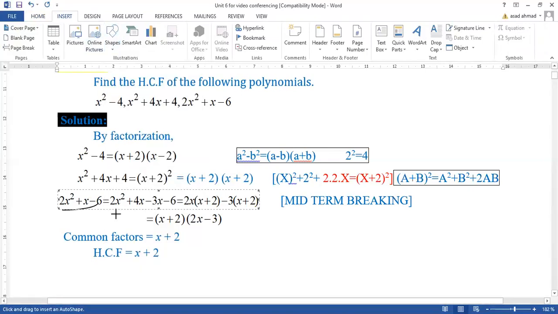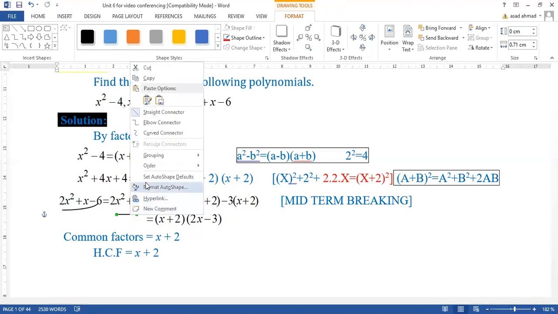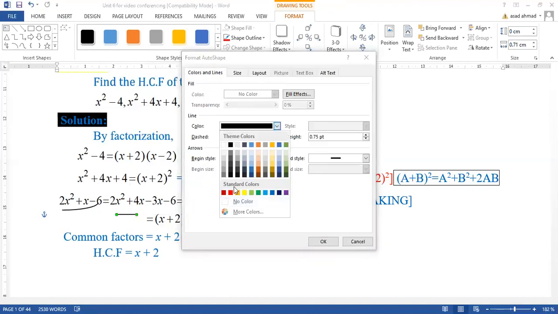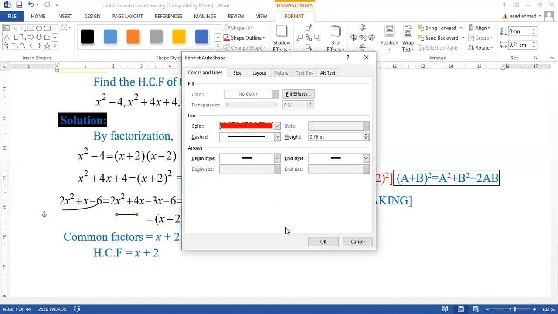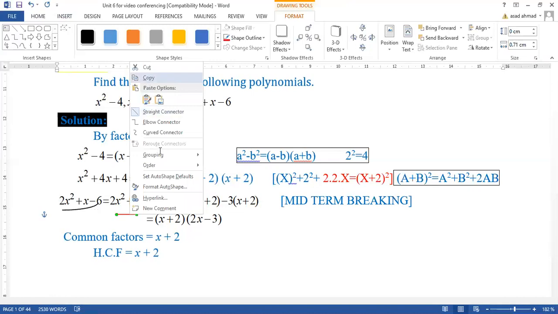I have taken common from this part, and I have taken common from this part.